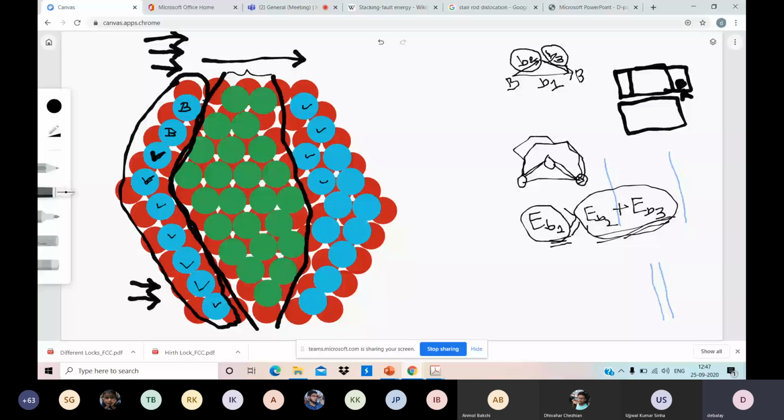Suppose something is thermodynamically valid, does it always happen? No, sir, kinetics also. Yes. Sometimes we get austenite at room temperature. Do you think thermodynamically austenite is stable?